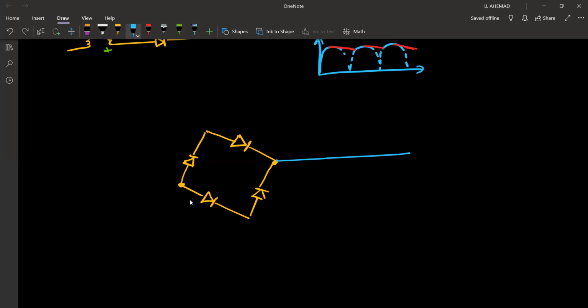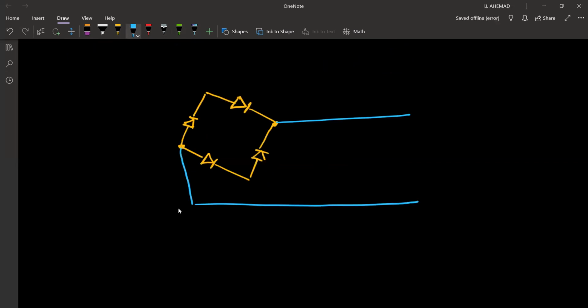We get the outputs from the opposite nodes. So these two will be the output. And we give the input signal to these nodes. This is where we supply the input.